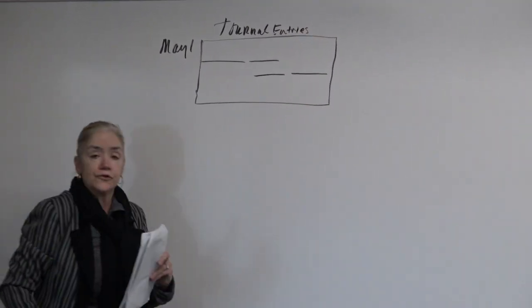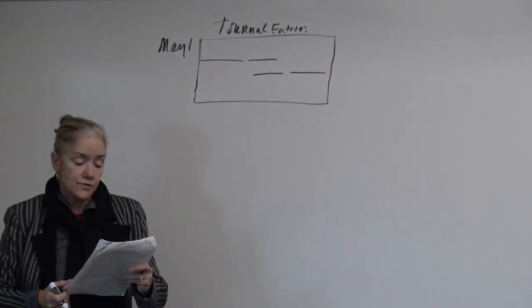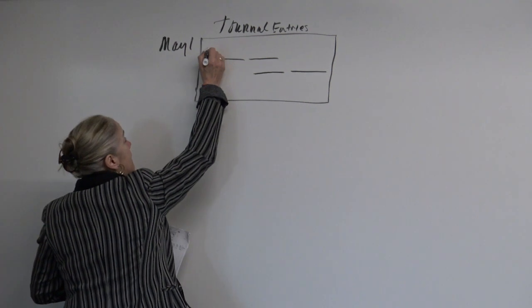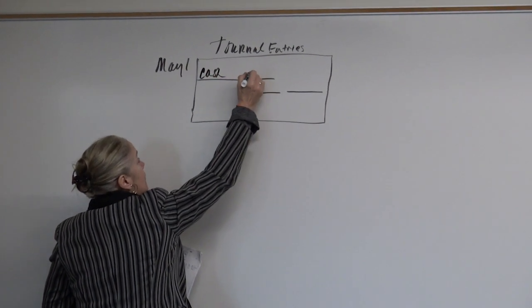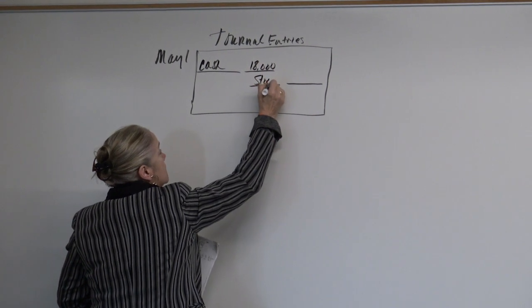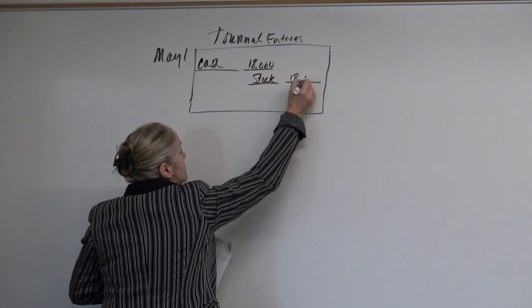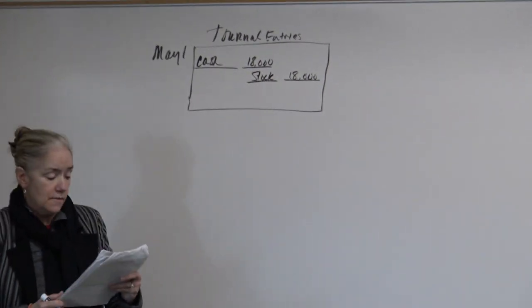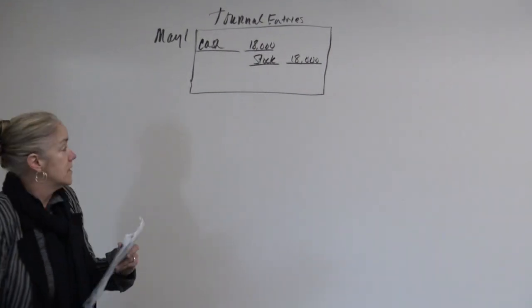And we know that there are 2 individual investors at $9,000 each. So we have cash coming in, that's an asset, for $18,000, and stock for $18,000. And when I come back, we'll do the T accounts, okay? But let's do the journal entries first, okay?